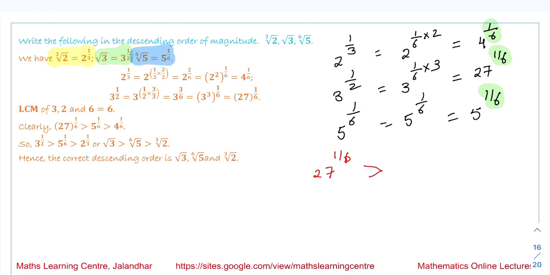After that the number will be 5 raised to the power 1 by 6, and after that the number will be 2 raised to the power 1 by 3, that we are saying 4 raised to the power 1 by 6, and this number is 3 raised to the power 1 by 2. So we can say that the largest of these numbers is 3 raised to the power 1 by 2, and the smallest is 2 raised to the power 1 by 3. That is, square root of 3 is the largest and cube root of 2 is the smallest number.